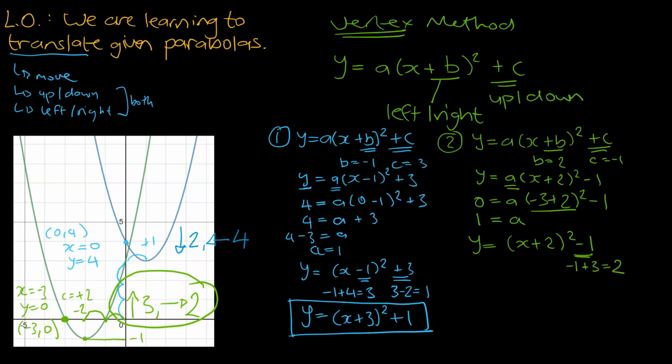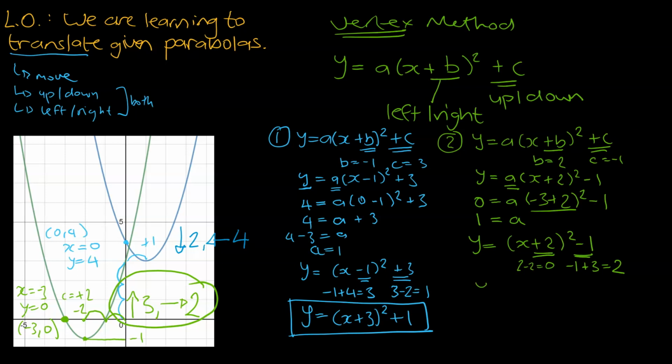And the next step, we're now going to look at the b. So it's been moved to the right by 2. And to the right by 2, well, that's moving it to positive, which means it's a negative value. So that's actually going to be 2 minus 2, which is going to be equal to 0. So that's actually going to end on the y-axis.